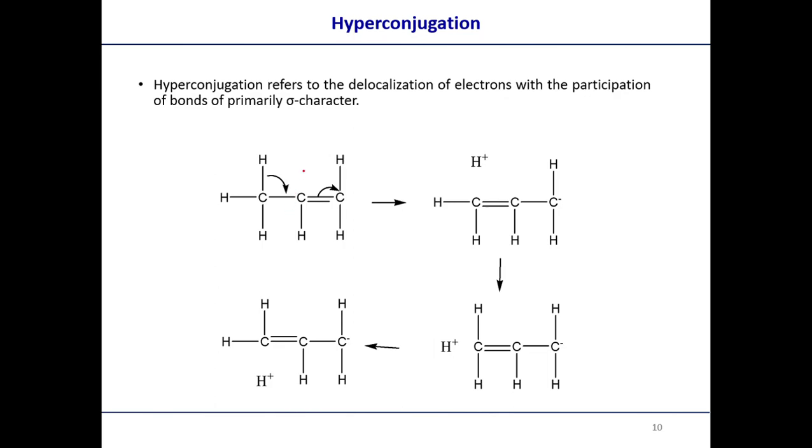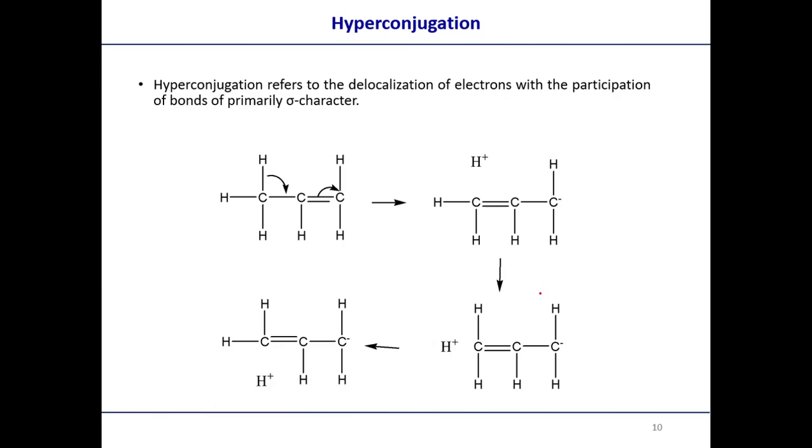So the charge should always be maintained before and after the arrow. If it takes this proton, it will become this way, correct? The charge will go from here. These two are hyperconjugation structures. So this is called hyperconjugation.